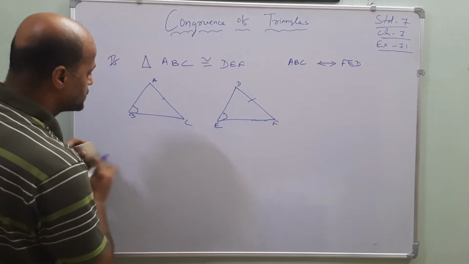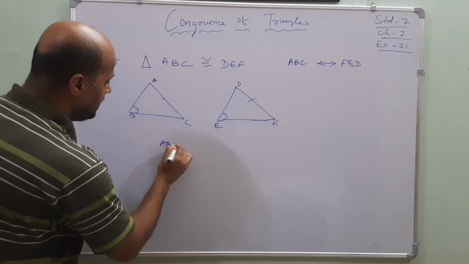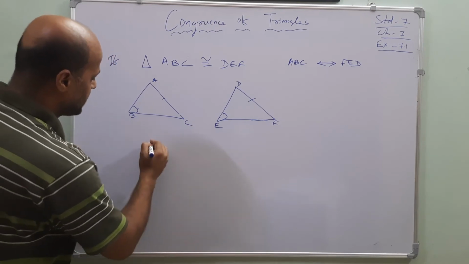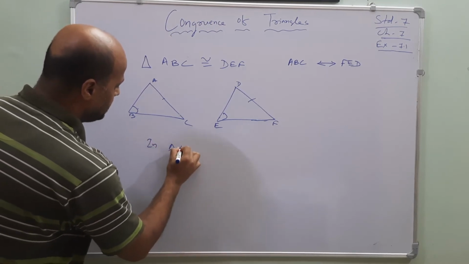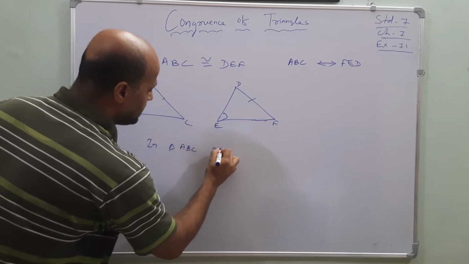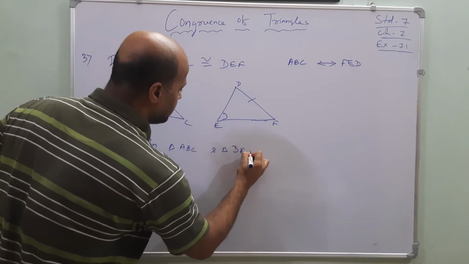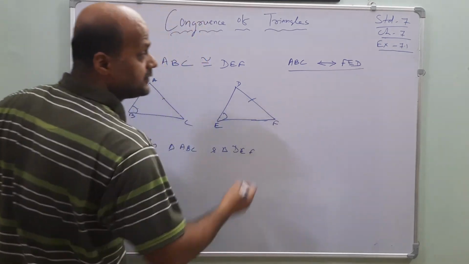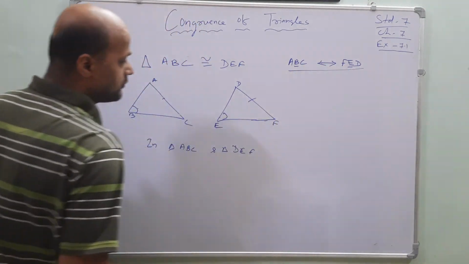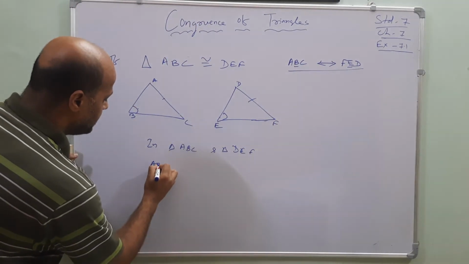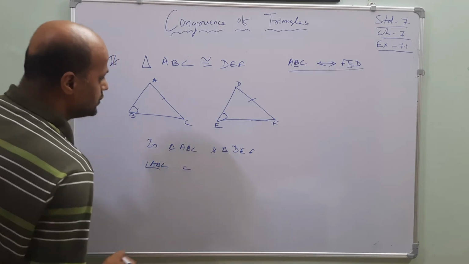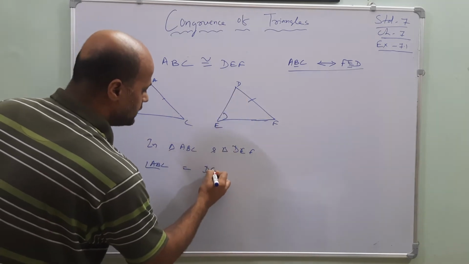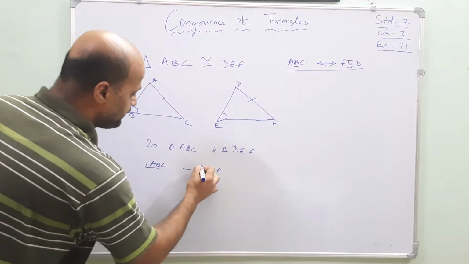First we have to write the angle statement. Write the statement: in triangle ABC and triangle DEF. Already it is given, angle B and angle E are equal. So we have to write it: angle ABC is equal to angle DEF.